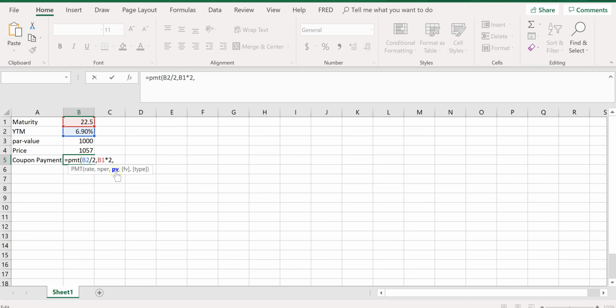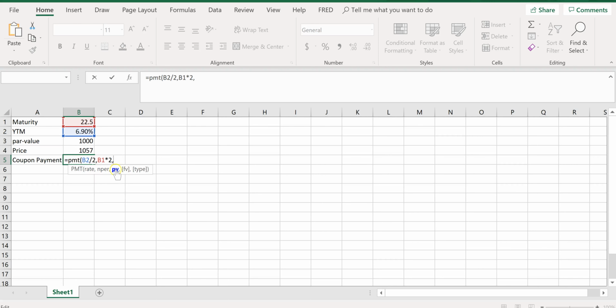The PV here is the present value, so that's the price. The rule for Excel is that we need to make the PV and the fourth argument FV to be of opposite signs. So we can either make PV positive or FV negative, or we can make PV negative and FV, the future value, positive.